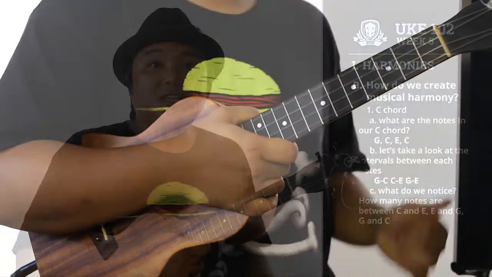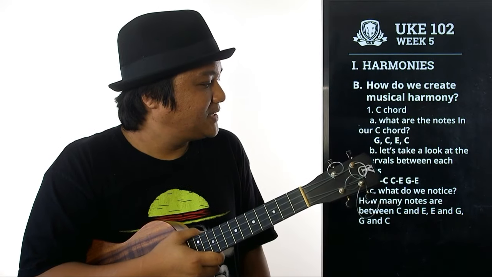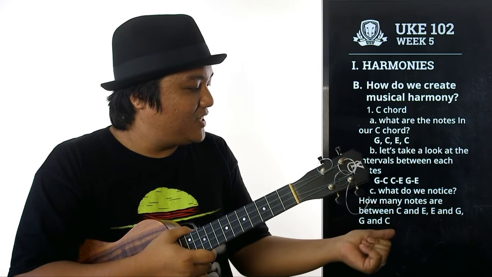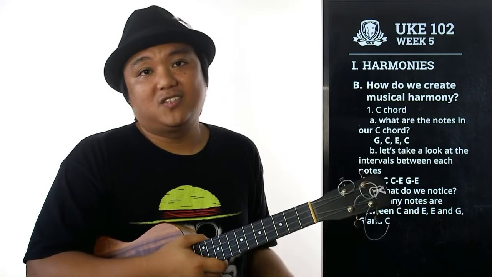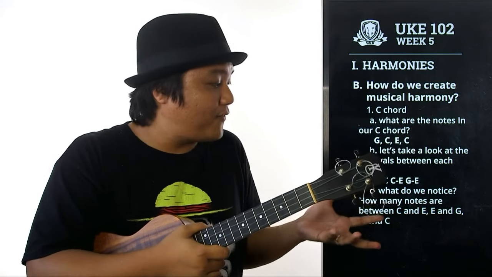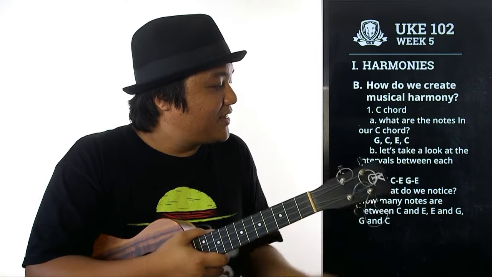Alright, so let's take a look back at the board. What do we notice, and how many notes are in between C and E, E and G and C? We notice that between C and G there are 5, C and E there are 3.